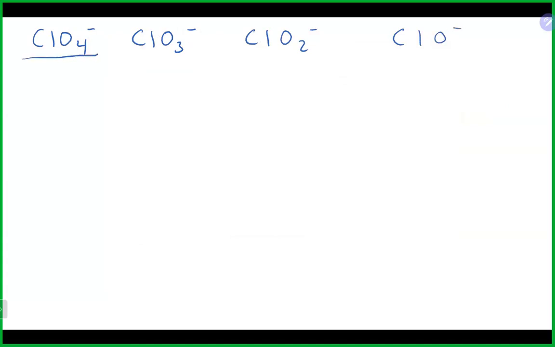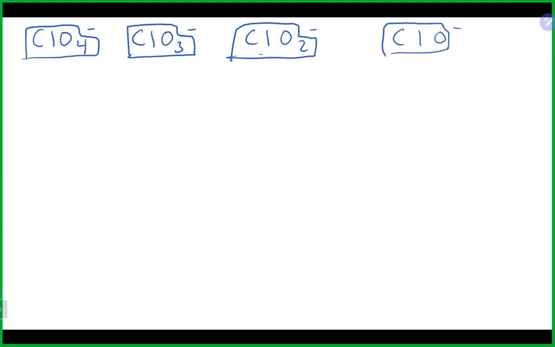Once again, all these stay together as groups, and every single one of them has a -1 charge. The only difference between all of them is how many oxygens they have. So in a group of four, we can still use the same pattern, which is typically that the one with "ate" has the most oxygen, and the one that ends in "ite" has the least oxygen.